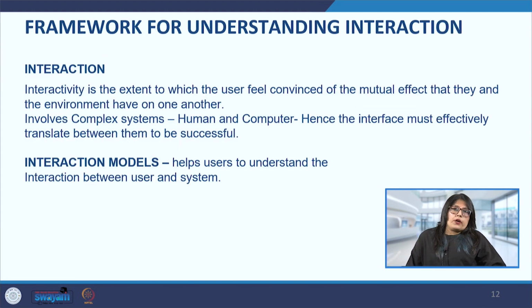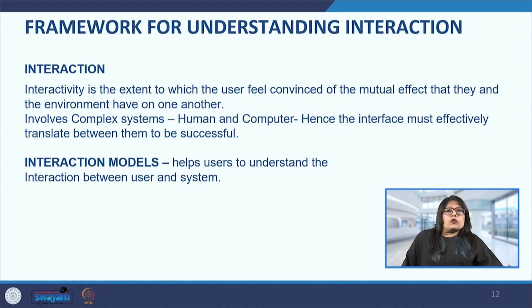So, a framework for understanding the interaction. Now, the interactivity or the interaction is the extent to which the user feels convinced of the mutual effect that they and the environment have on one another.